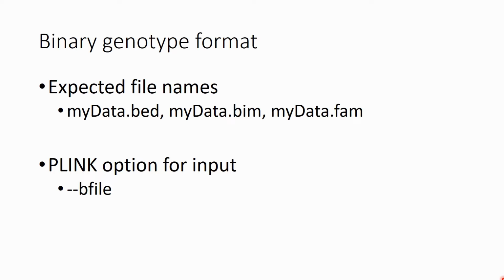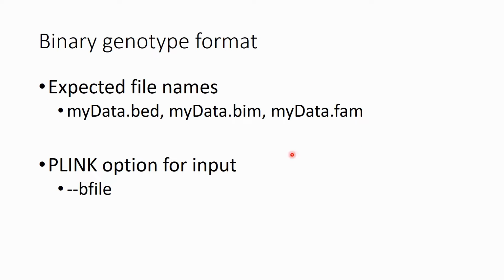The first thing to mention is the very well-known binary genotype format. It requires 3 files, and the first part of the name is the same for all of them. In this particular example, I will always call them my data, with the extensions .bed, .bim, and .fam.